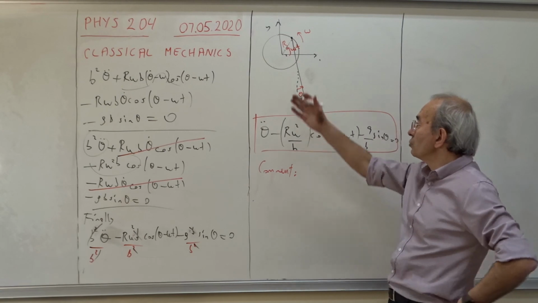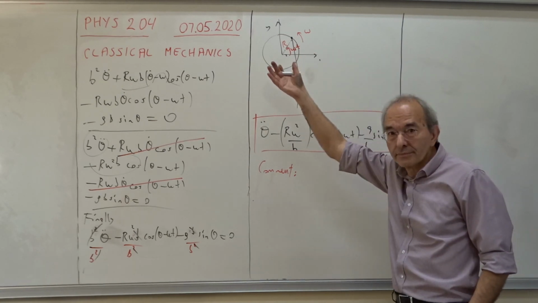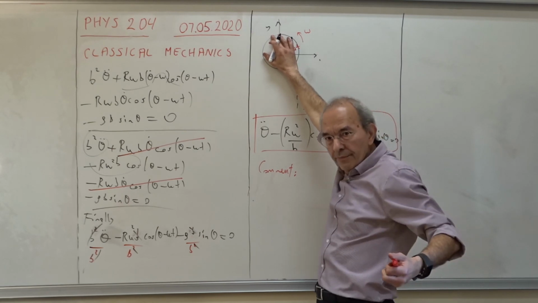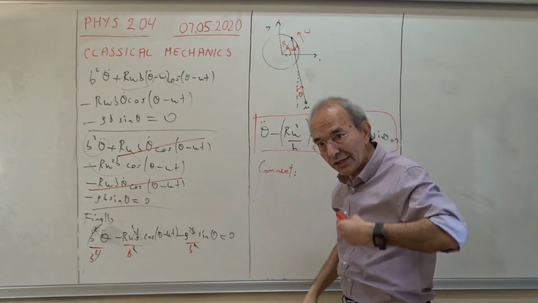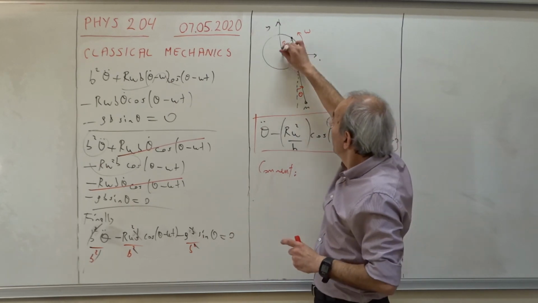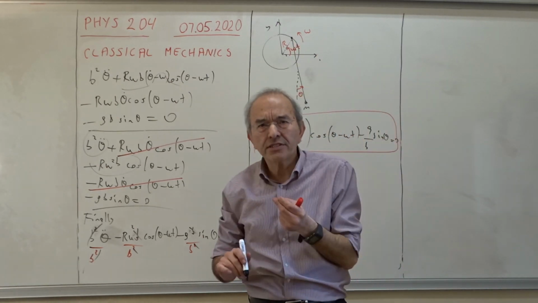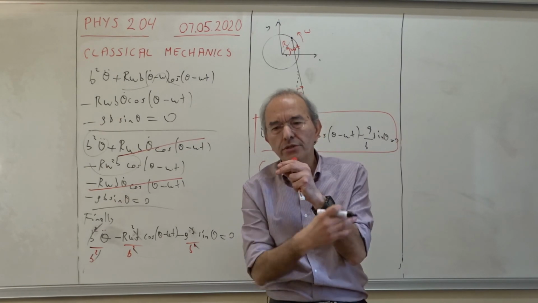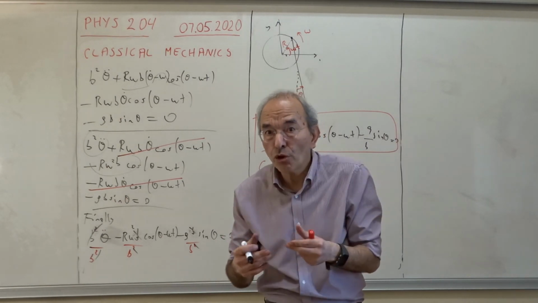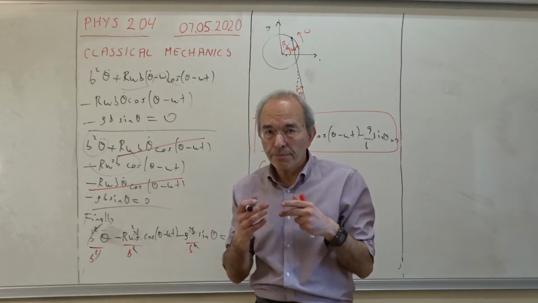If, for instance, there is no omega, if you stop this motion, it means there is no omega, because omega is the angular frequency of those rotations. If there is no rotation at all, so this upper end is fixed at a certain position, and only the simple pendulum is making back and forth oscillations, we should obtain the equation of a simple pendulum.